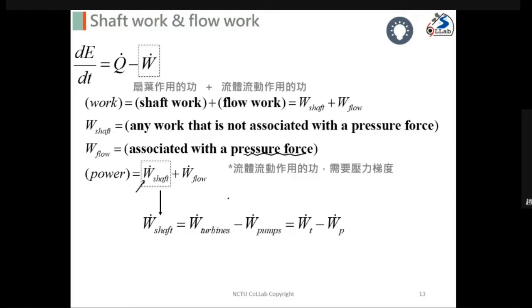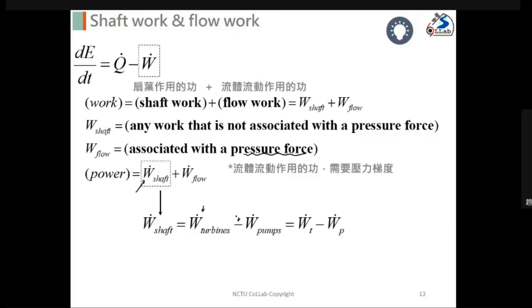So we first focus on the work for the shaft. We have to count the work related to the W shaft. One is the turbines, another is the pumps. As I mentioned, if the W has a negative sign here, that means the energy from the pumps is provided into the system.